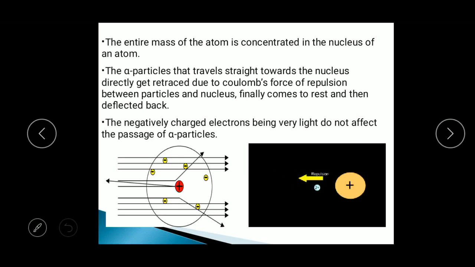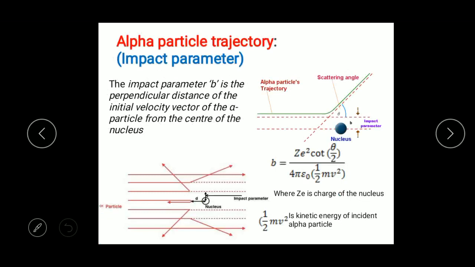Now, with all this discussion, we have to explain the Rutherford atomic model and write the postulates of the Rutherford atomic model. Before discussing the Rutherford atomic model and its postulates, we need to define two definitions.